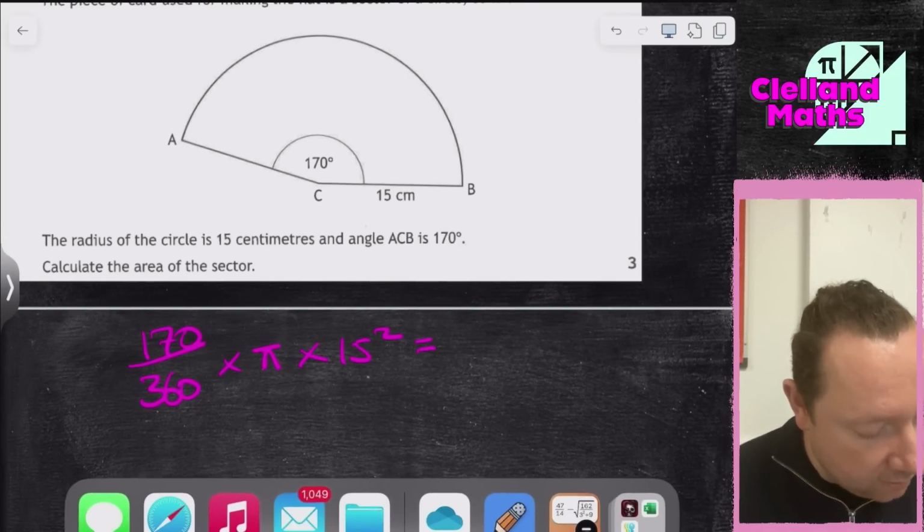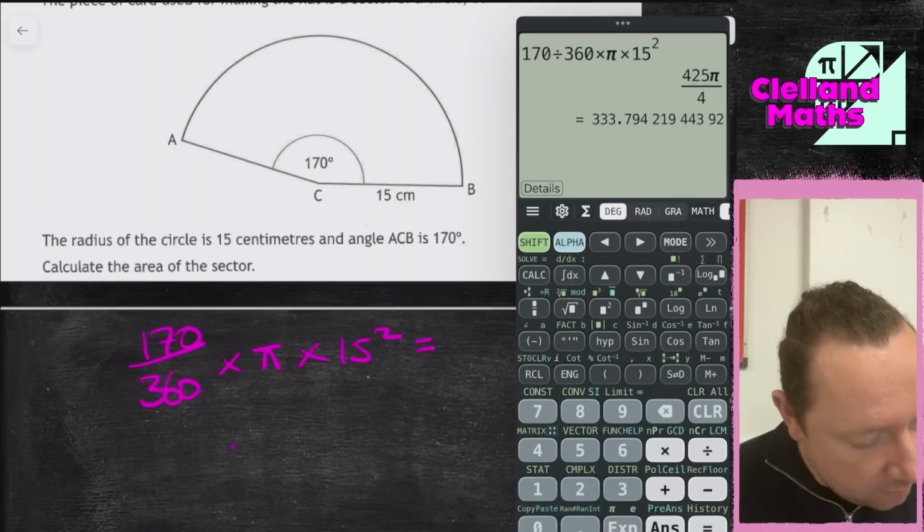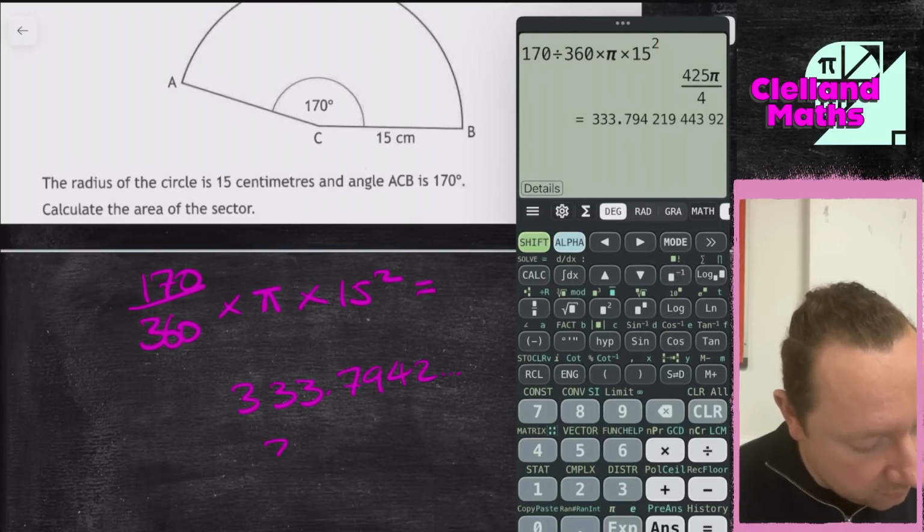So it's just a calculator again. 333.7942 or 333.80 centimeters squared.